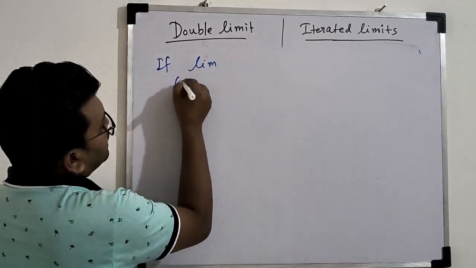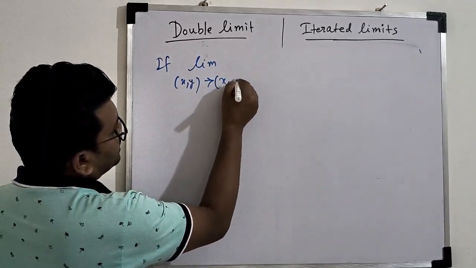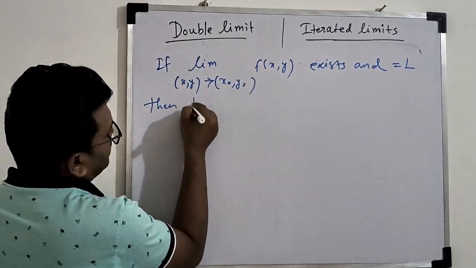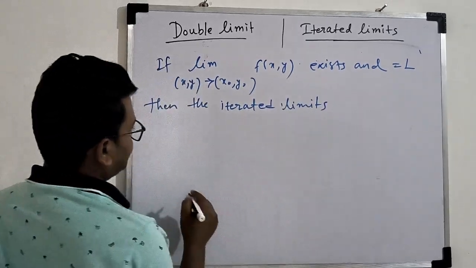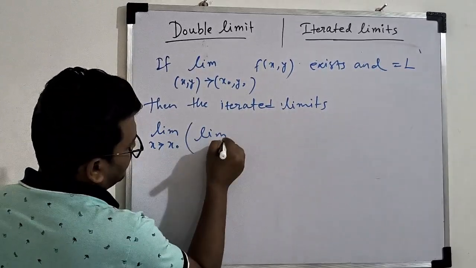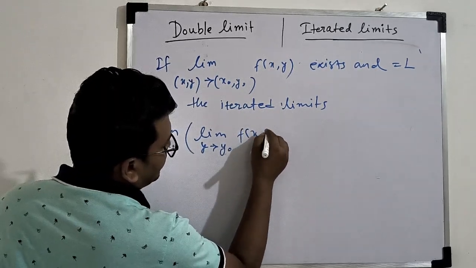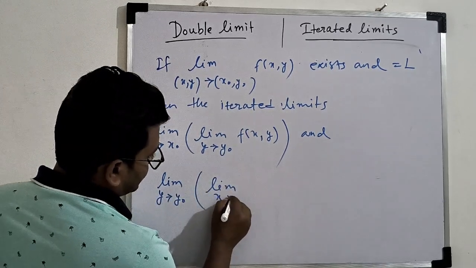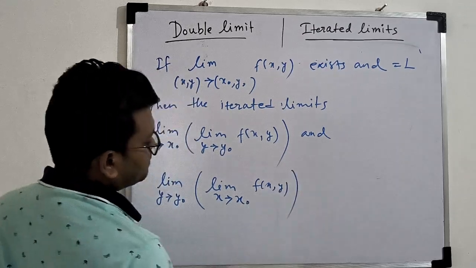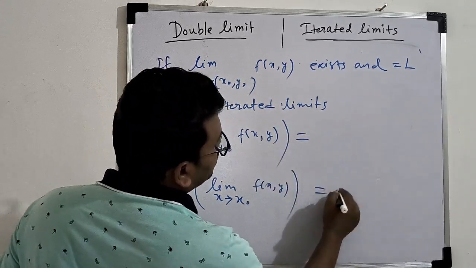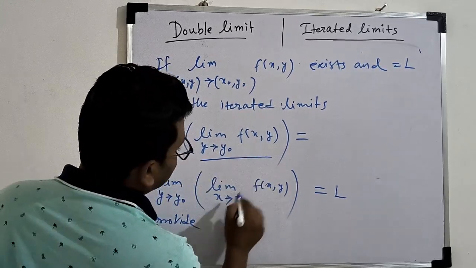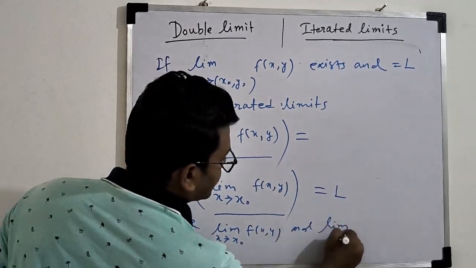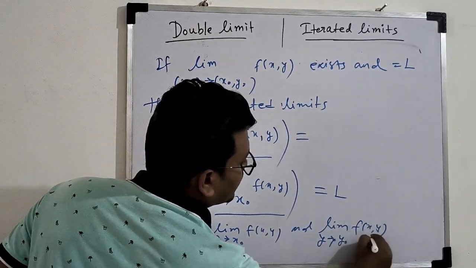If the double limit as (x,y) approaches (x0,y0) of f(x,y) exists and equals L, then the iterated limits, that is, limit x tends to x0 of limit y tends to y0 of f(x,y), and limit y goes to y0 first and then limit x tends to x0 of f(x,y), are both equal to this limit L, provided that limit x tends to x0 of f(x,y) and limit y tends to y0 of f(x,y) exist.